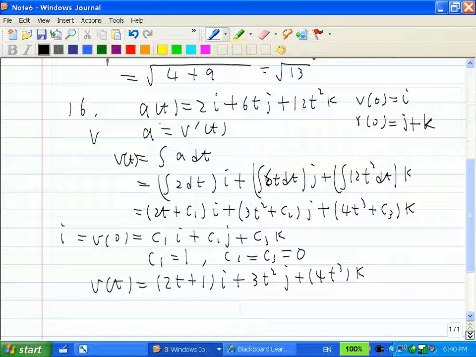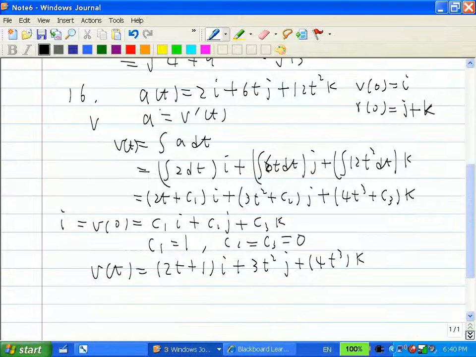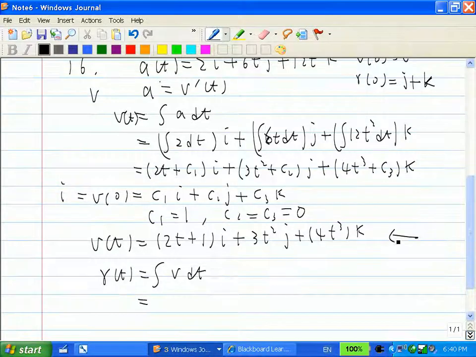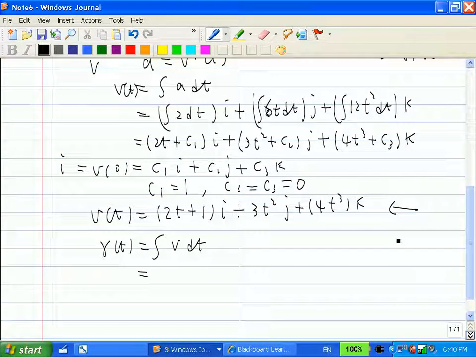When t equals 0, this velocity gives you i. Now let's find the position. We know the position function is the integral of velocity, because the derivative of the position function gives you velocity. To integrate this vector function, we just integrate each component.